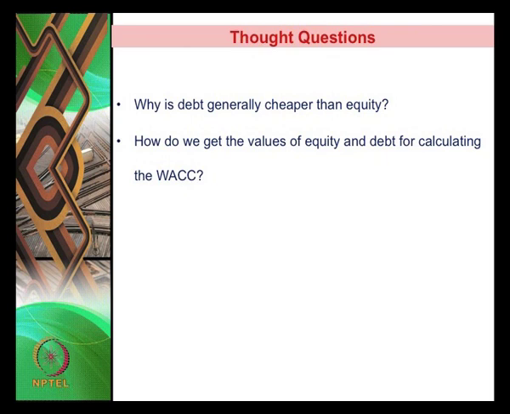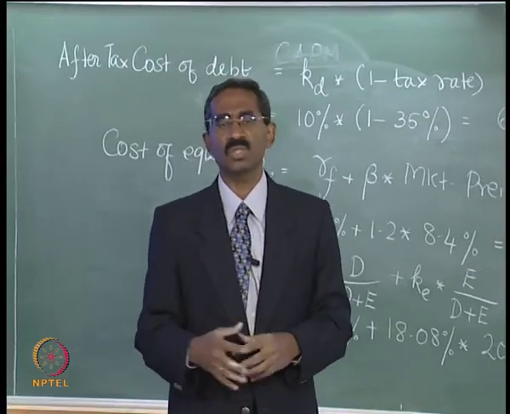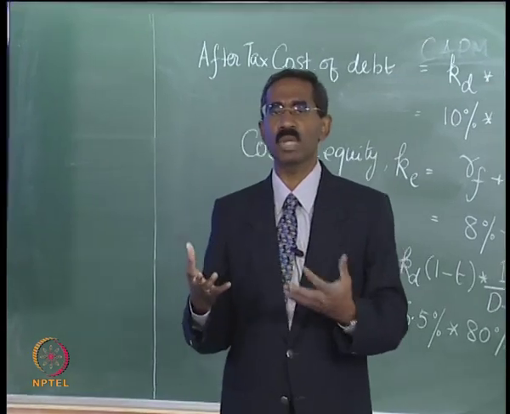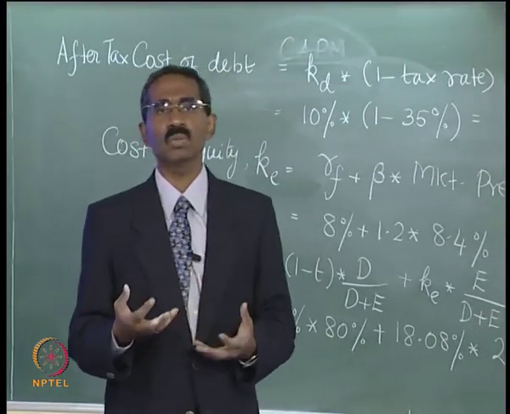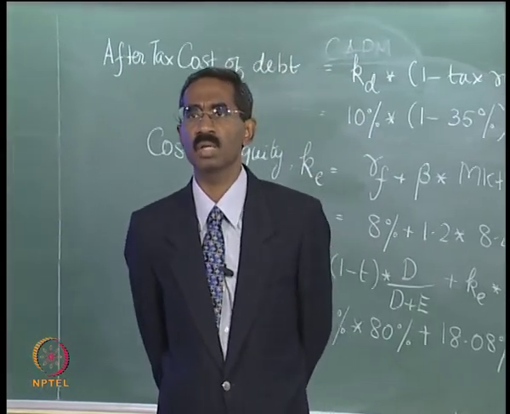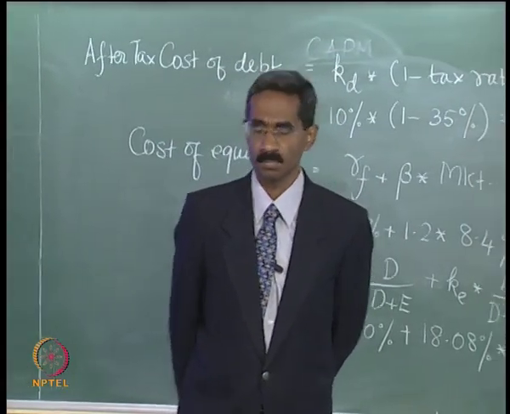Question number 2, how do we get the values of equity and debt for calculating the weighted average cost of capital? Remember, in weighted average cost of capital we find the proportion of debt funding or the proportion of equity funding by the values of debt and equity. So how do we get the values of this equity and debt for calculating the WACC?